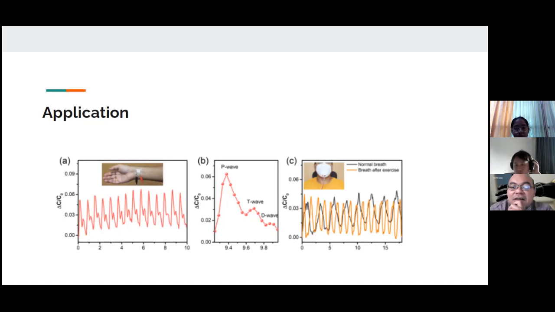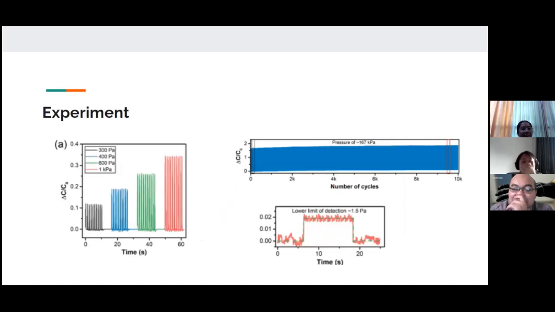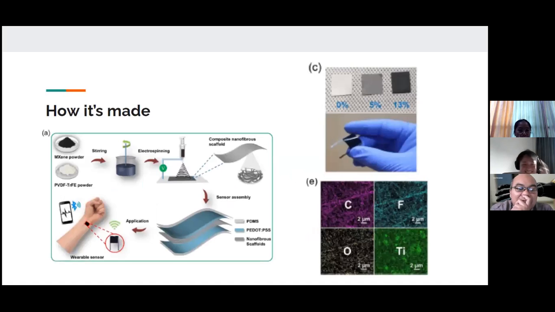Okay, my question is how do we make this MXene material? Actually, the process is a bit long. To produce the MXene powder, I read it, but I don't remember it.